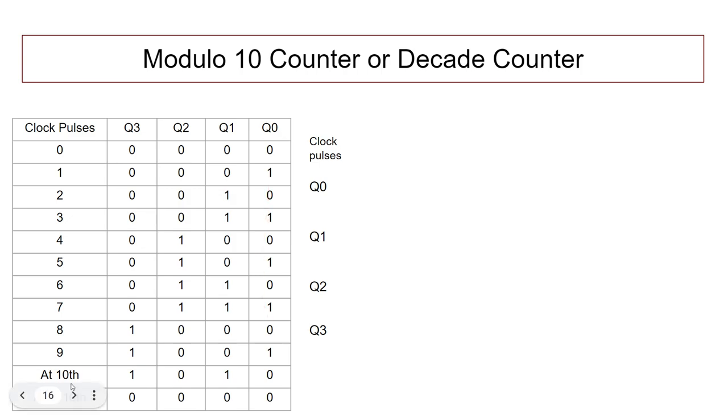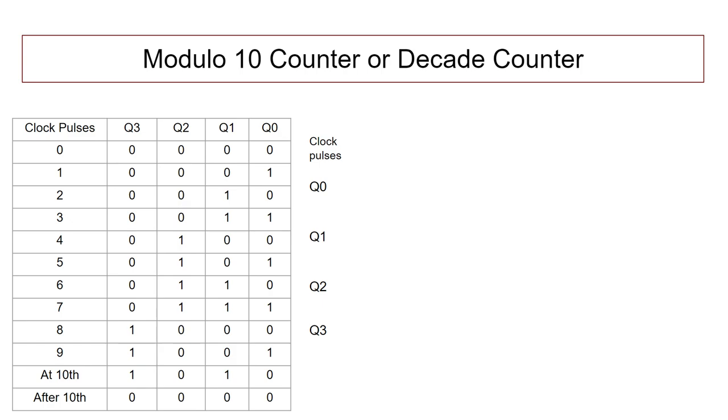At the 10th clock pulse, the counter output momentarily becomes 1010, wherein the outputs Q1 and Q3 are taking binary 1, and these binary 1s are used for clearing all the flip-flops.